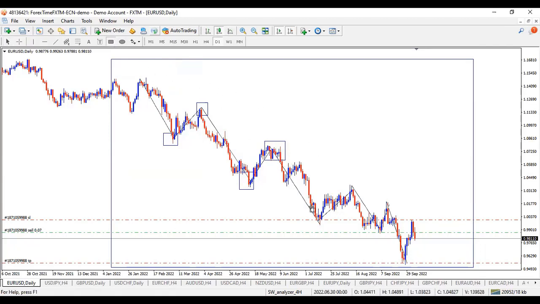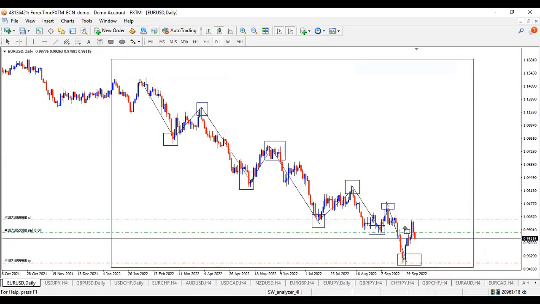So price continues even lower and creates a new lower low there. Price pulls back and creates a lower high right here. And so it pushes lower and creates a lower low here, and pulls back and creates a lower high. Price continues down and creates a lower low here and pulls back and creates a lower high. So it pushes even lower and creates a lower low.